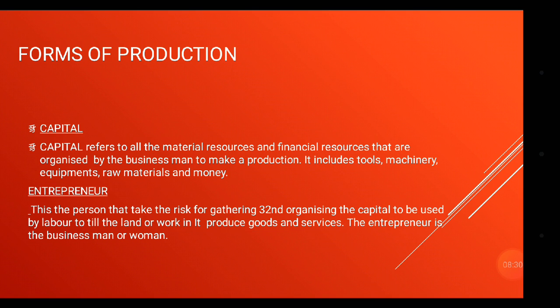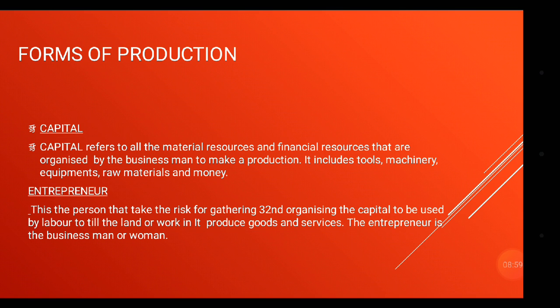All form capital. So from the building in which the work is taking place, the tables that are used for the work, the tools, the equipment, the machines, all these, and the money that is used for the production is called capital. Capital is one of the most important factors of production.